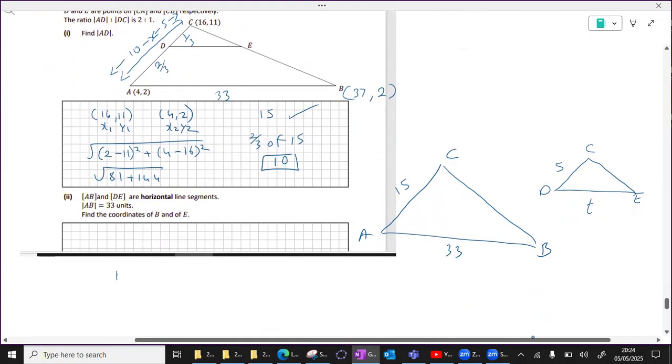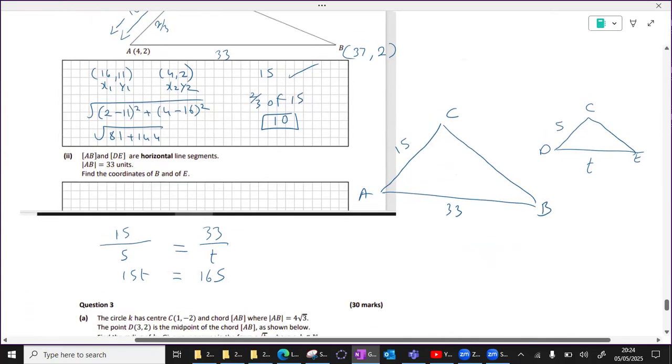So if I go with 15 in the large, I'm going to divide that by 5 in the small, 33 in the large over T in the small. So 15T equals 165. So in other words, T is 11.